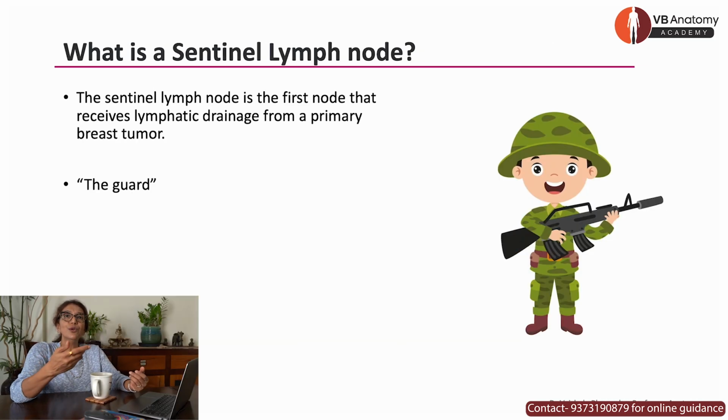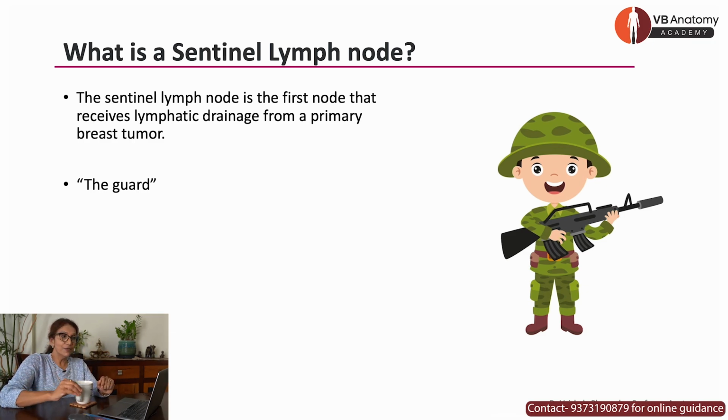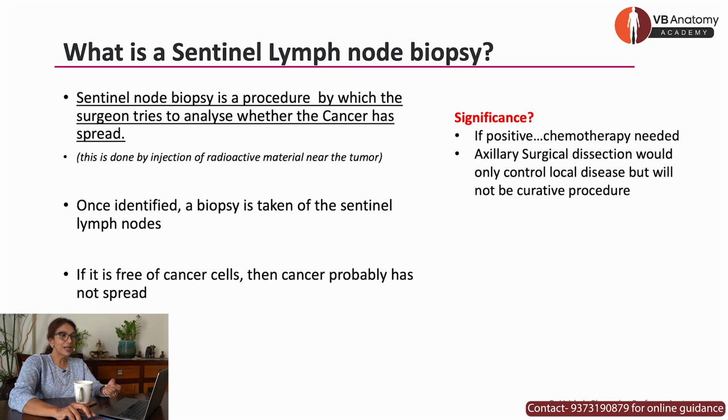There's also a word used very often, sentinel lymph nodes. What's a sentinel lymph node? The lymph node in which the lymph from a primary breast tumor drains first is called a sentinel lymph node. There can be 1 or 3 to 4 also. Such sentinel lymph nodes are found and then biopsied.